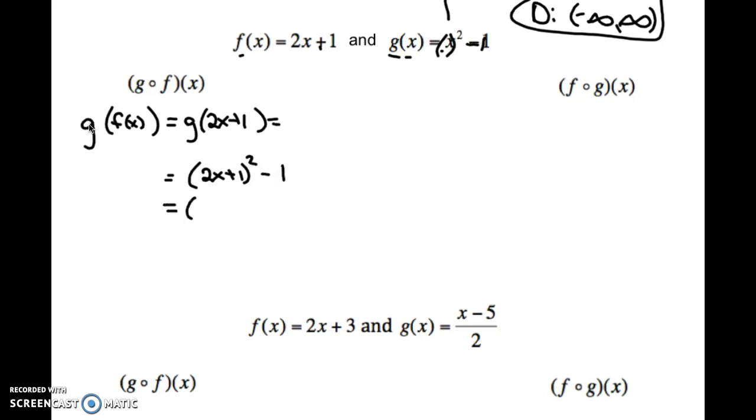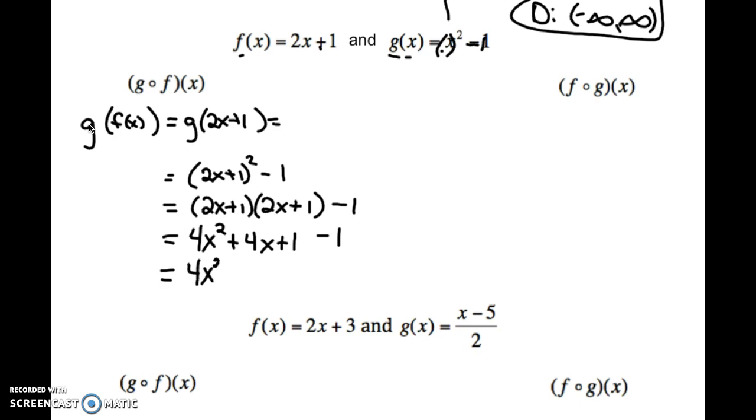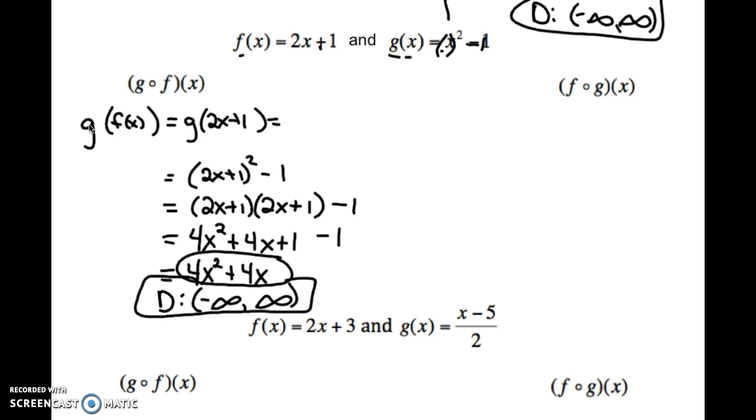And remember, when we're multiplying 2x plus 1, the quantity squared, means that you have 2 of those. And then minus 1 on the end. So multiplying that out and combining like terms gives us 4x squared plus 4x plus 1 minus 1. So those 1's will cancel off the end. We get that polynomial. Because it's a polynomial, our domain is all real numbers.